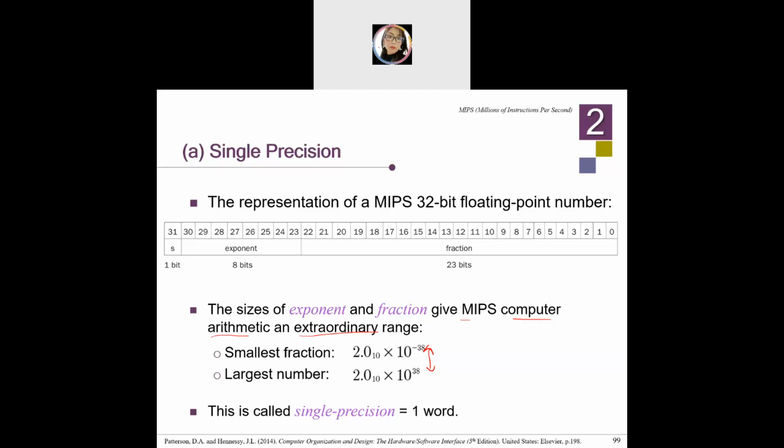You have 32 bits. The smallest is 2.0 times 10 to the power of minus 38. This makes you confused because you know it's base 10. The largest number is 2.0 times 10 to the power of 38. This is the range, and we call it single precision.